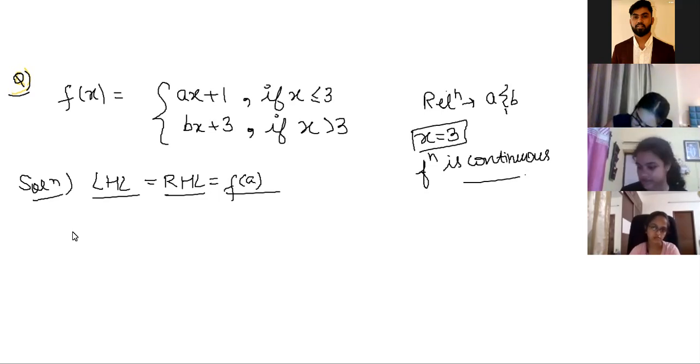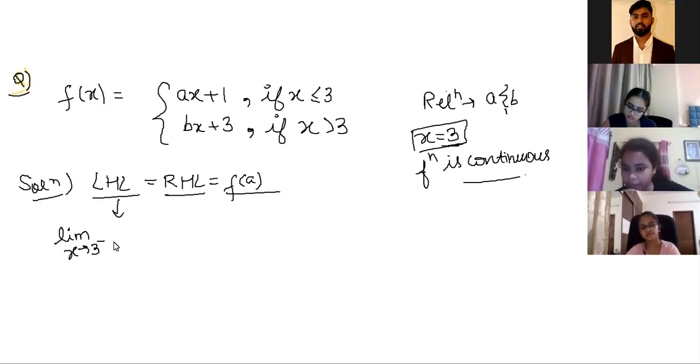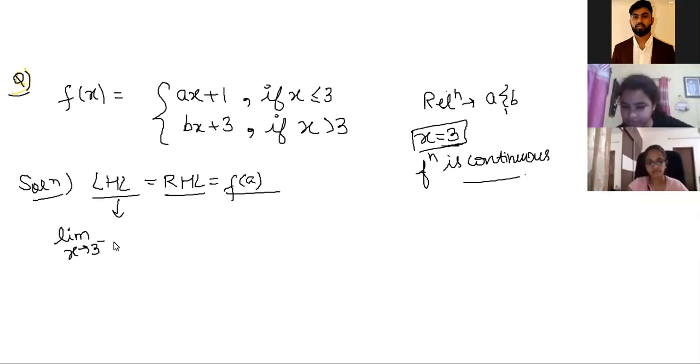कैसे करेंगे? Let's see. In order to find LHL, we'll write limit x tending to 3 minus, because we have to find at this point. Okay. So I am picking out somebody randomly. Navina, unmute yourself. Yes, ma'am.